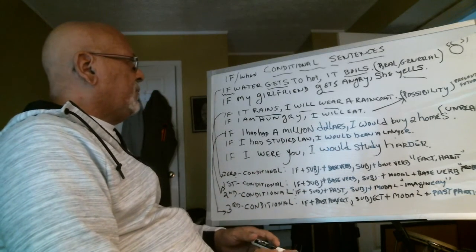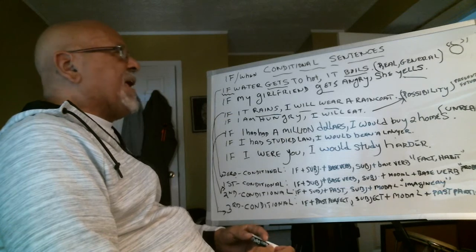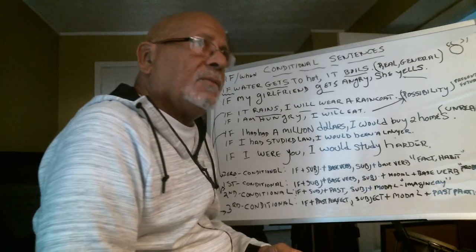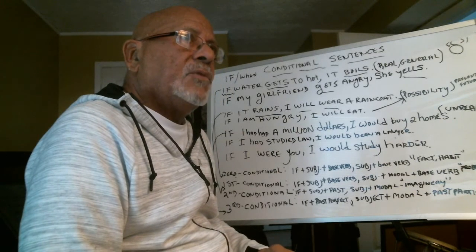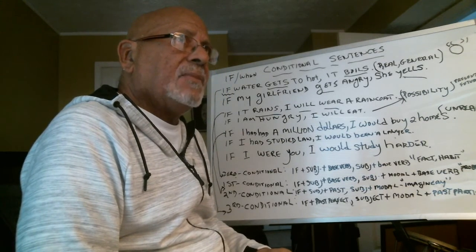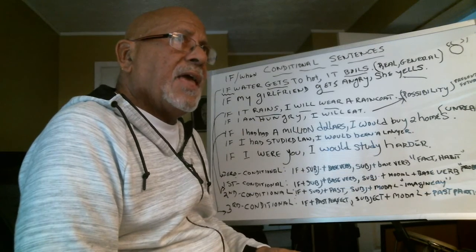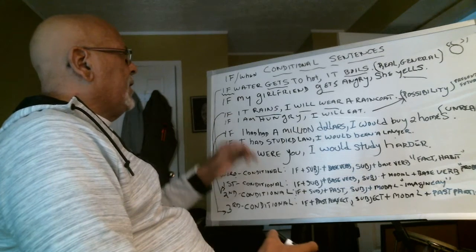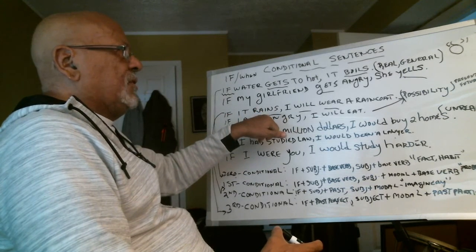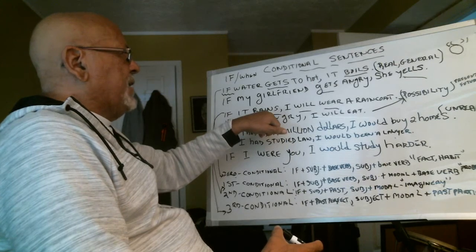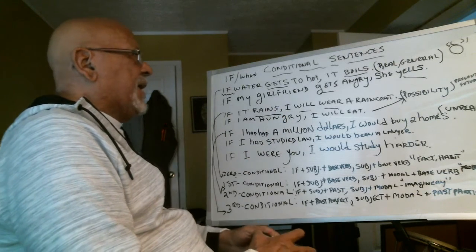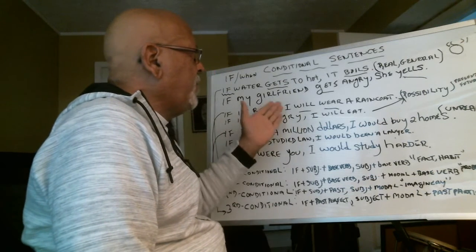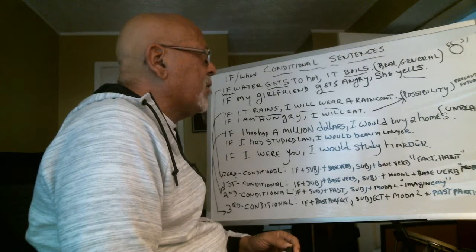Next sentence. If it rains, I will wear a raincoat. So this is a possibility. If it rains, the verb is going to be in the present, and the response, I will wear a coat.